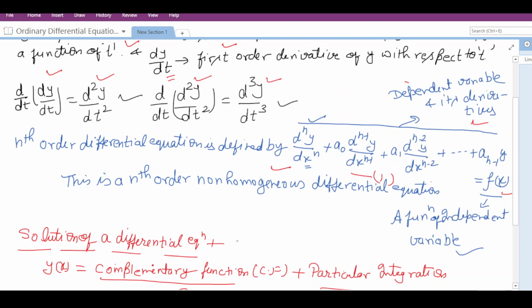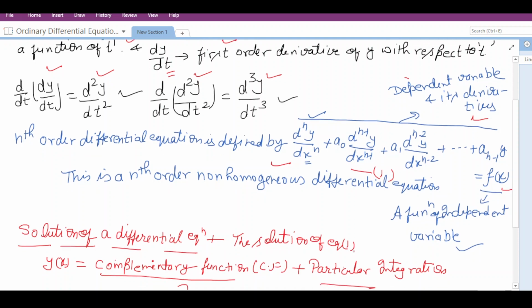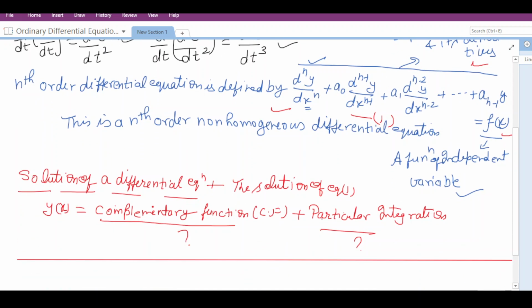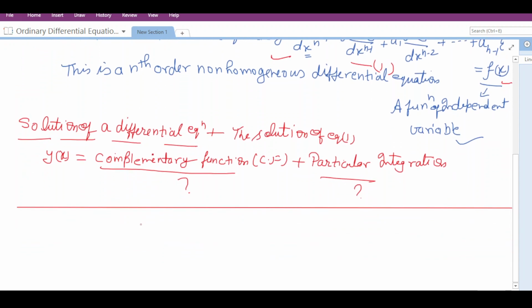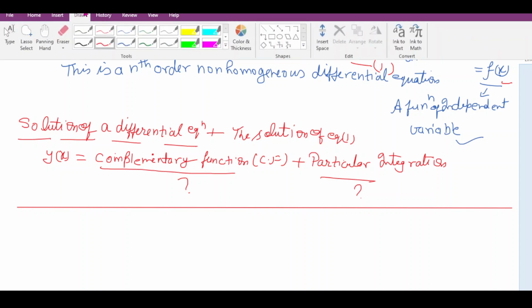So the solution of equation 1 was given by y(x) equal to complementary function plus particular integral, right? Now our target is to find out the complementary function, so we will go through the complementary function first.